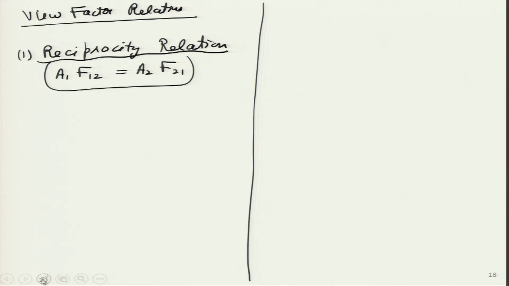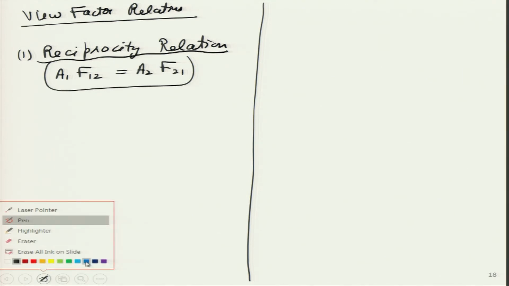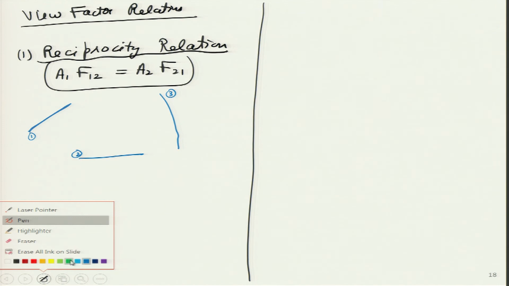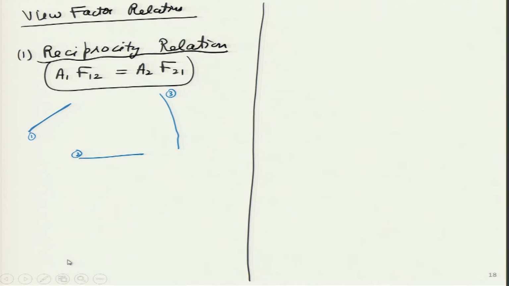Now, to make it interesting, if I bring another surface, there are three surfaces over here. This is surface 1, this here is surface 2 and then we have over here surface 3. Even in these particular cases, as long as they are not blocking one another, they are visible from one another, then we can write this relation for all three of them.